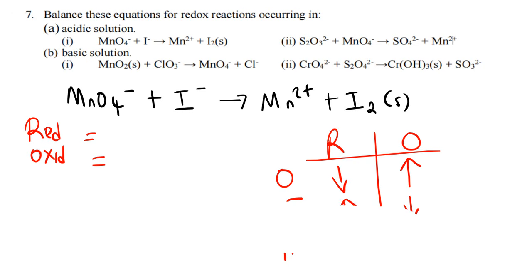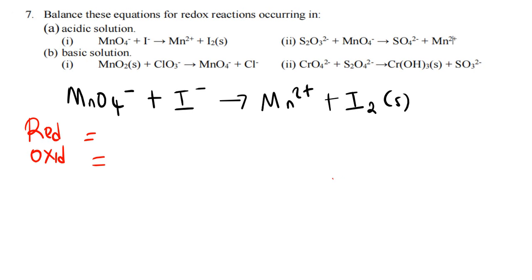So now let's solve this question. The reduction reaction is manganese, because it lost oxygen and went to manganese 2+. Then oxidation is going to be the other one, but we are first going to find out if it's really an oxidation reaction.